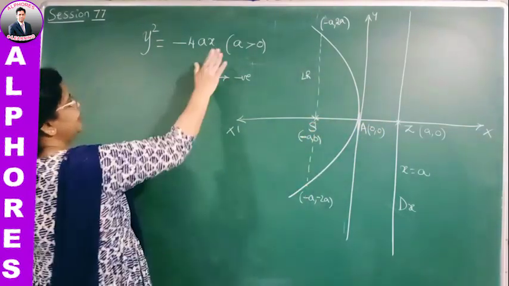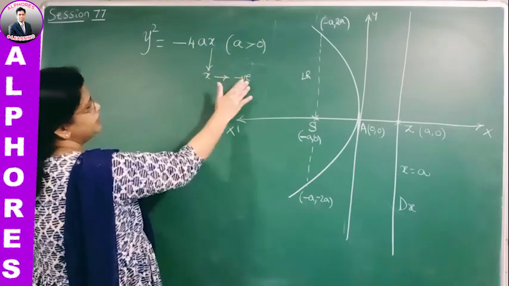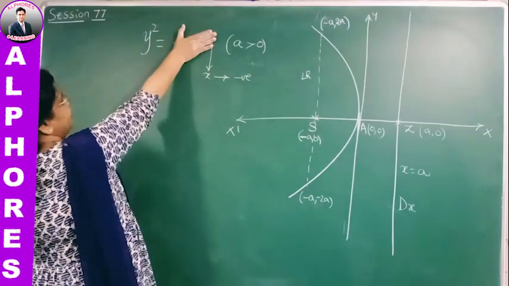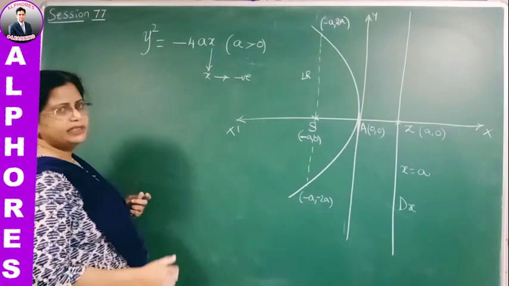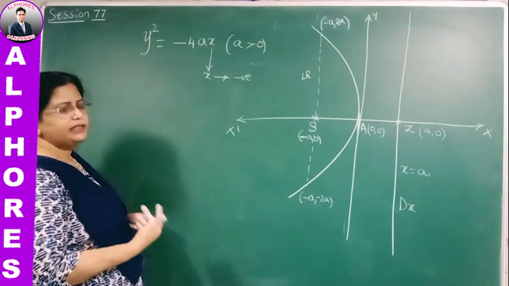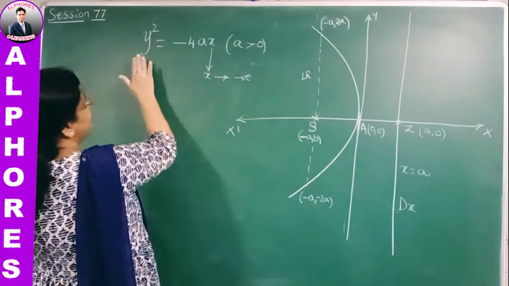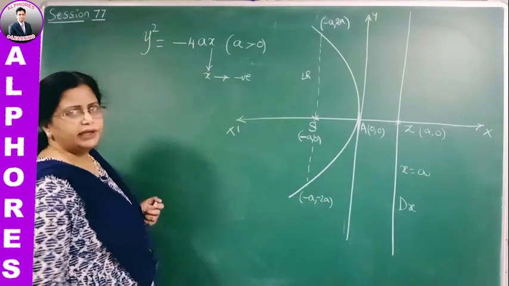So treat a always positive, y square must be positive, implies x must be negative, hence the curve is in this way. Now this entire value is positive. So y square positive, just like we have discussed in the previous one, as x is tending to minus infinity, y value is tending to plus infinity, minus infinity. Understand?